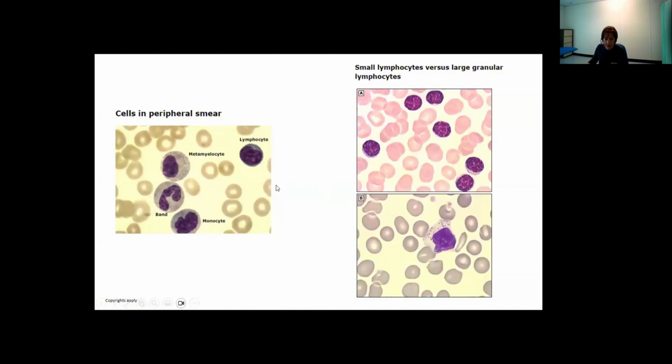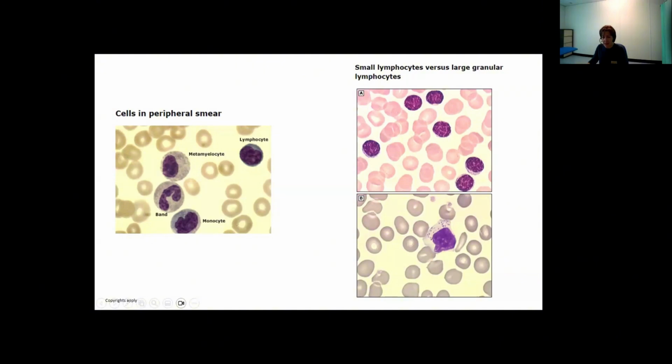But of course, there's quite a lot of variation in the sizes of lymphocytes. And this is just by way of explanation. On the top here, you've got these small lymphocytes. You can see the clumpy chromatin, and you can see the little rim of cytoplasm around the outside. But this is also a lymphocyte, and this is a large granular lymphocyte. It can be malignant, it can be reactive, but it's just by way of the fact that actually lymphocytes can change in their appearance quite considerably, and you can get quite a lot of variation.